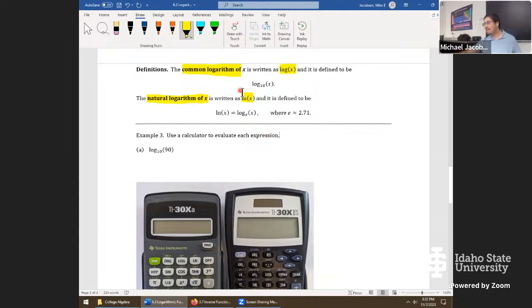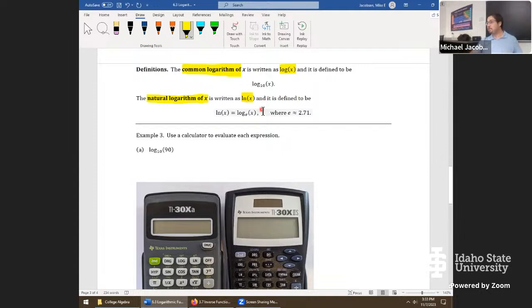Someone asked me, why is it ln if it's a natural logarithm? Shouldn't it be nl? And the reason for that is the French were really, really ahead in mathematics for quite a while, and they still are really excellent at it. And they're the ones that developed this concept. In French, they call it the logarithme naturel. So it made sense to call it ln. So we go it that way because the French were there first, basically. They planted their flag on that logarithm.